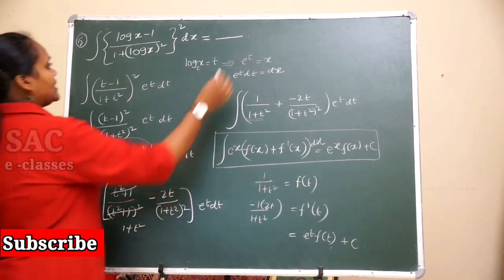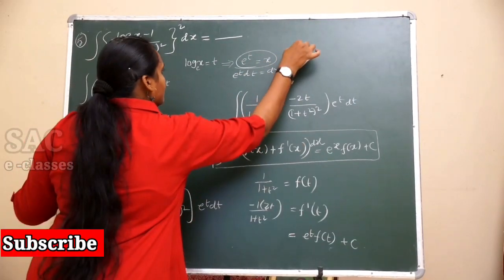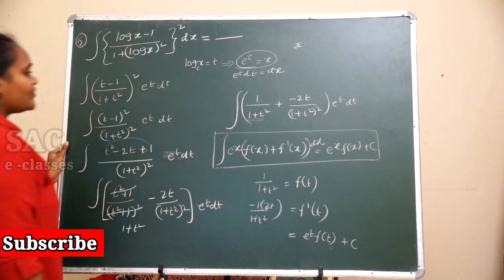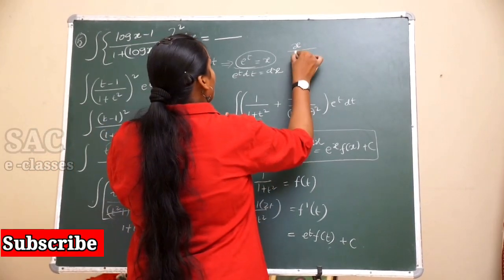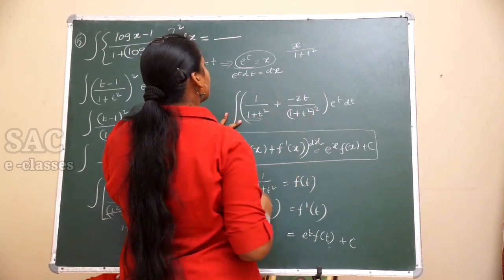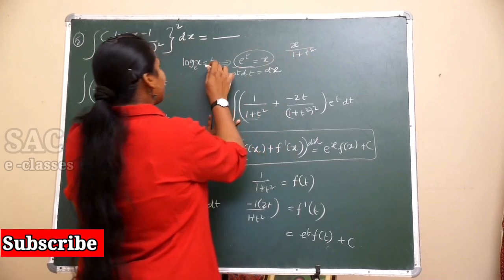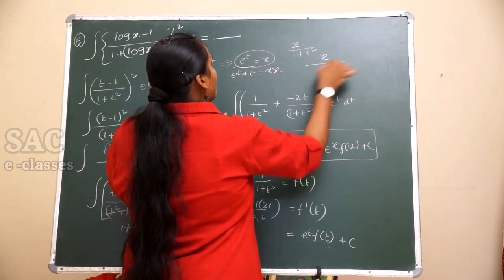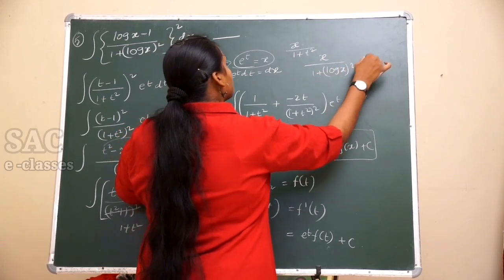Clearly, e power t means we know that x. So x into f of t. What is actually f of t? 1 by 1 plus t square. And what is t actually? It is x by 1 plus log x whole square plus c.